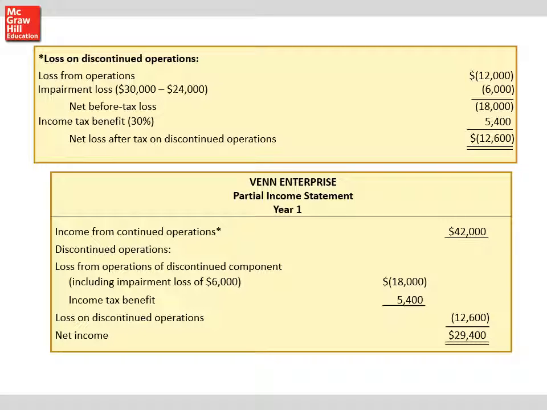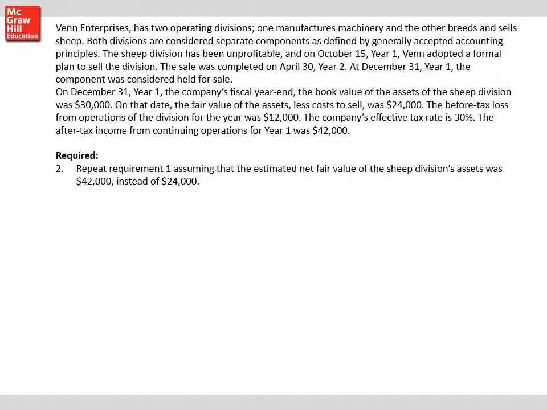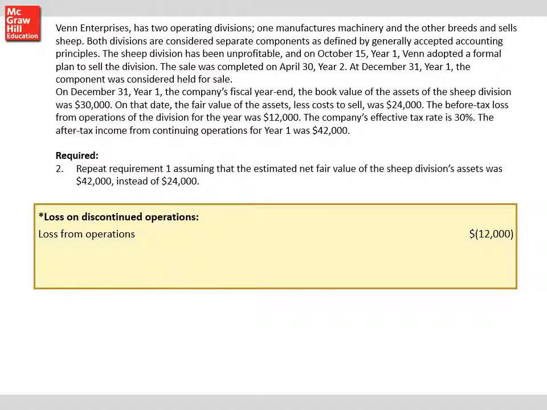But watch what happens when the opposite is true. In part 2, they said, now assume the division's assets are worth $42,000. When you're calculating your loss on discontinued operation, you just report the loss from the operation. You don't report any gain because the value is higher than the cost.